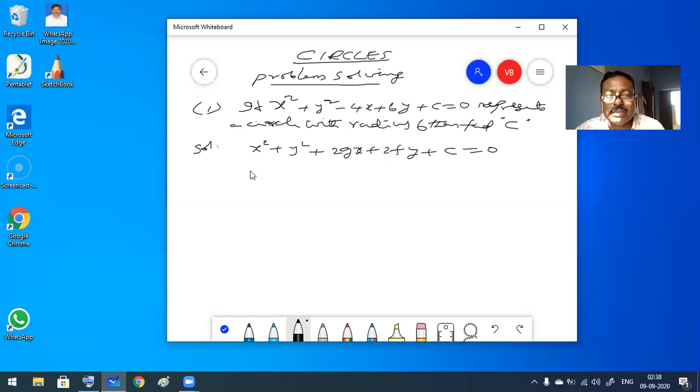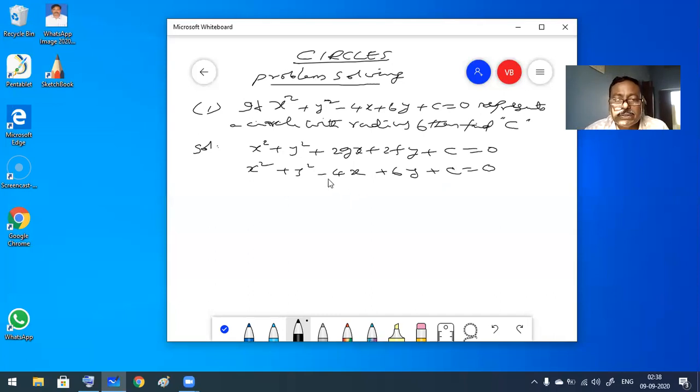So comparing the given equation, x square plus y square minus 4x plus 6y plus c is equal to 0, with the general equation.